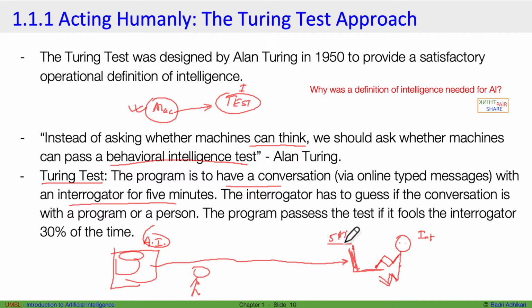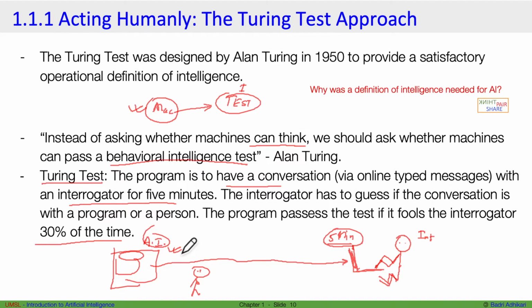So in 5 minutes, if the AI fools this interrogator into thinking that it is an actual person, and if we repeat this, and if the program is able to do it 30% of the time, then we say that this AI program has passed the Turing test.